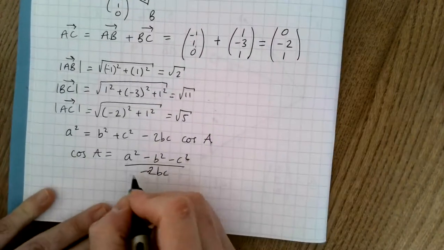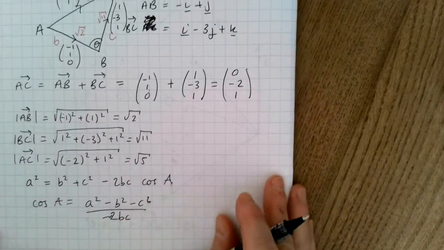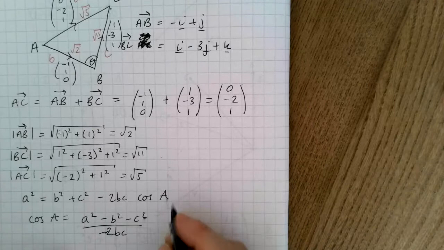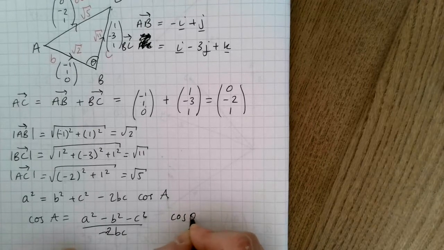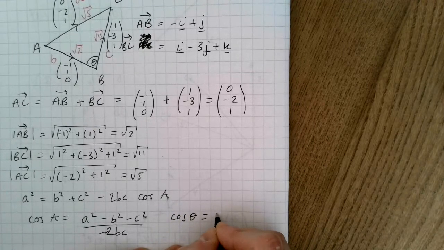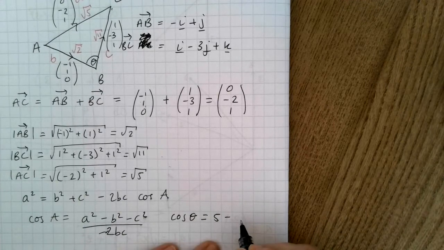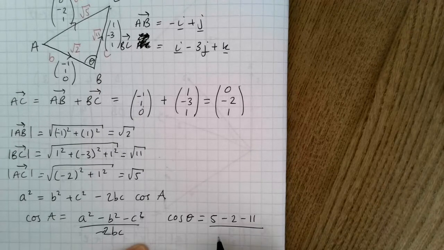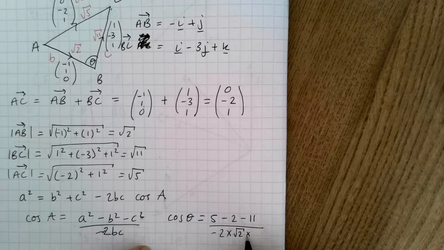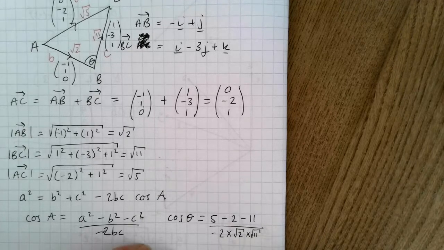So cos theta equals √5 squared, which is 5, minus √2 squared, which is 2, minus √11 squared, which is 11, all divided by -2 times B, which is √2, and C, which is √11.